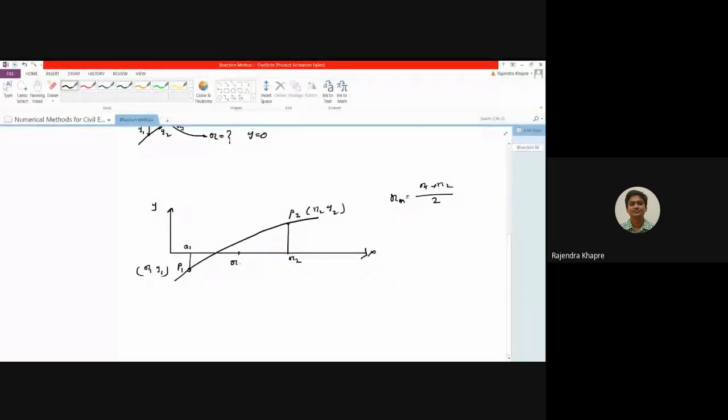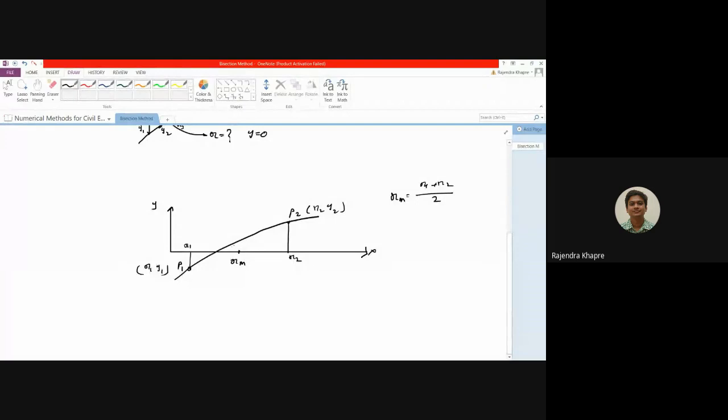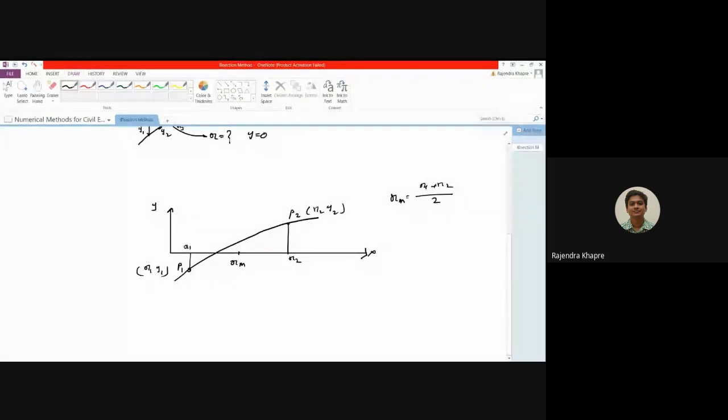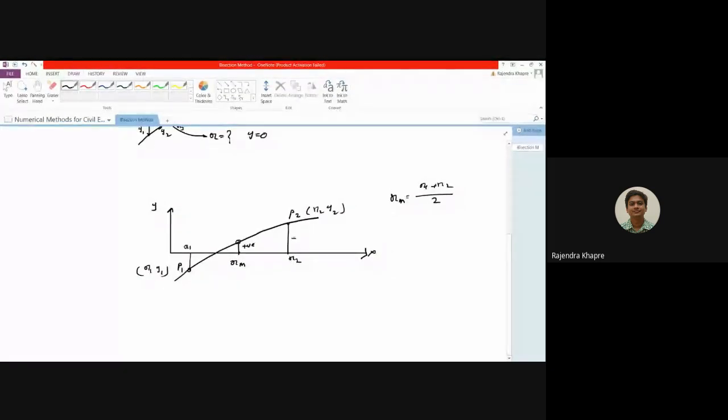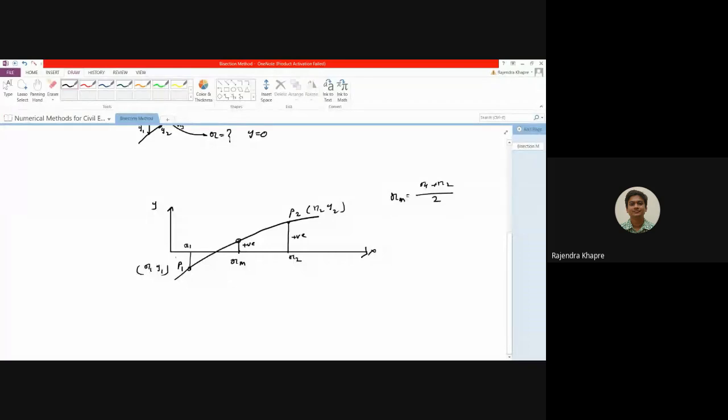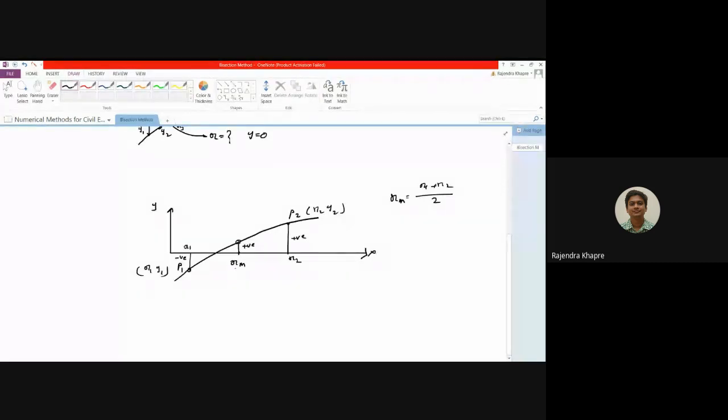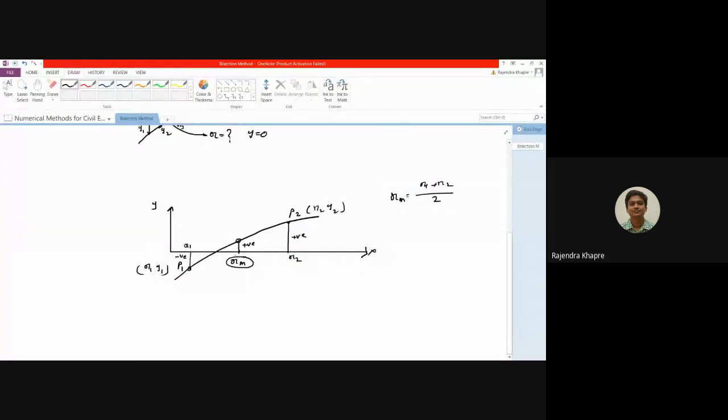If you find the corresponding y coordinate, it will come somewhere over here, which is positive. Here this is also positive, but here the y coordinate is negative. It is assumed that whenever you bisect, the corresponding y value at xm is a possible solution. But here the value of y is positive, it is not 0.